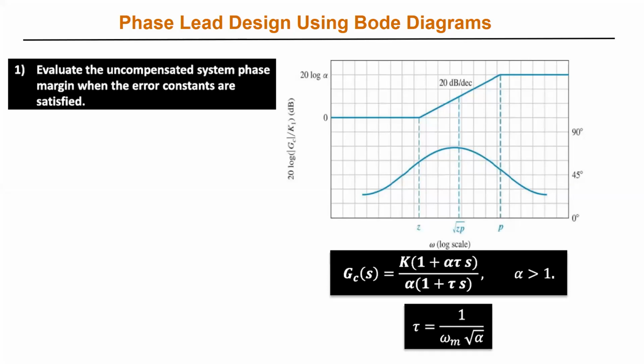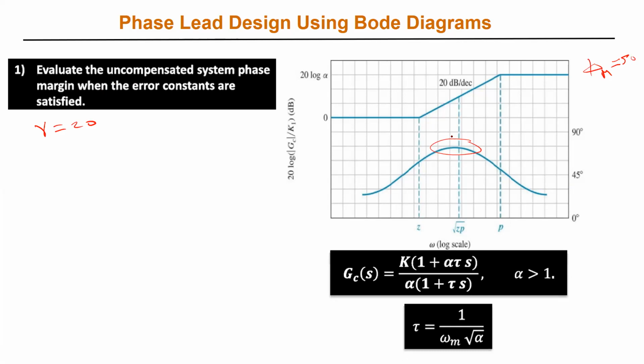Suppose I find the phase margin is 20, and I need a phase margin of 50. So how much should the compensator give me? 30. So the compensator will give me 30 degrees.